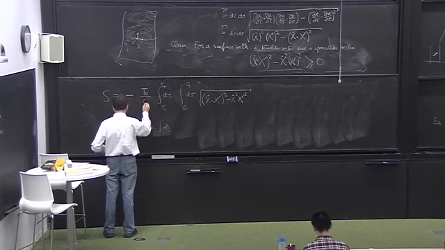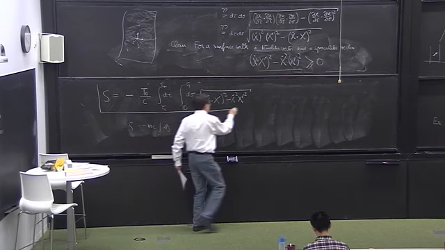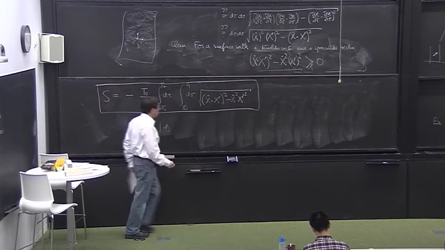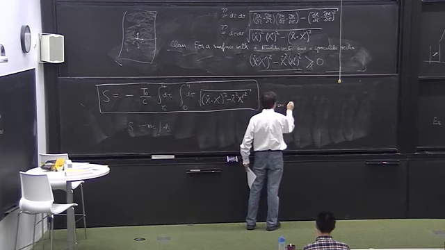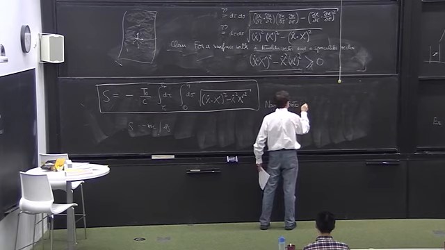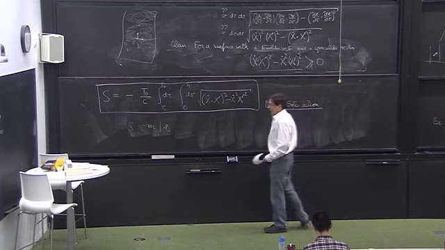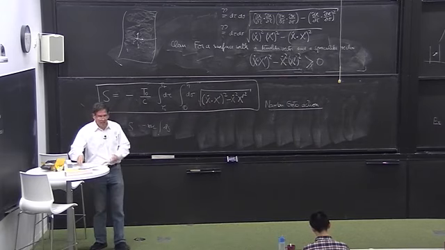And you need to put a c here. We'll discuss some of that later, but that is our final action. It's called the Nambu-Goto action, and is the action for the motion of a relativistic string.